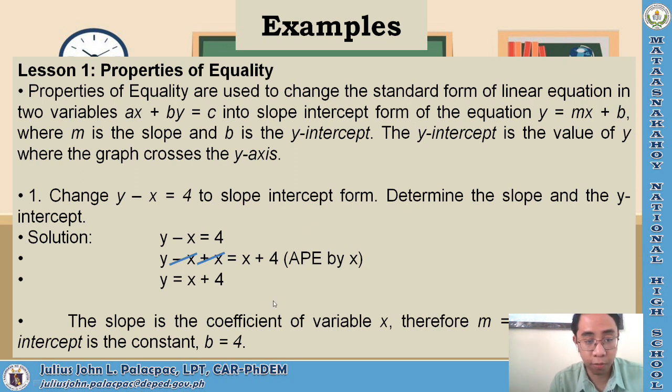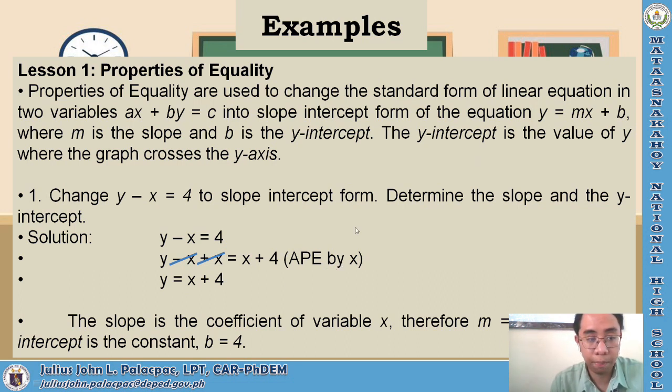I put x first before the constant because in our form, we have y is equal to mx plus b. So it will become y is equal to x plus 4. We add x to both sides, using the addition property of equality.